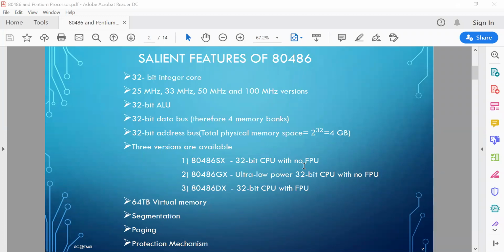For the 8086, it was the 8087, the coprocessor which can be interfaced to process any floating point operation. So in the case of the 8086, the 8087 was the numeric coprocessor. In the case of the 80186, it was the 80187 numeric coprocessor.